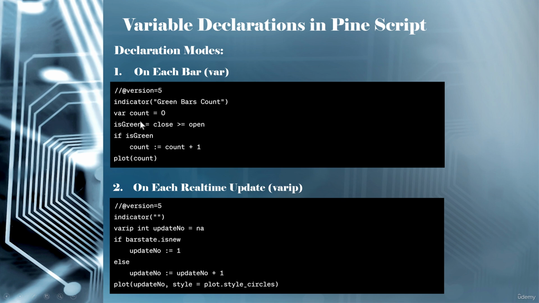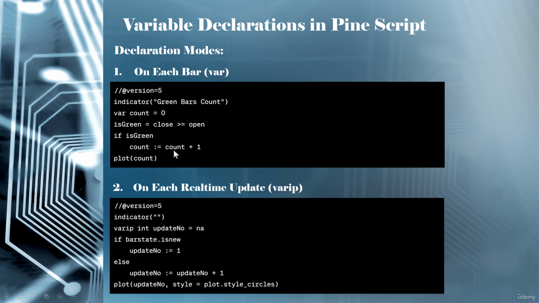So here is how it works. When in the script you have a declaration of a var variable, on the very first bar in the chart, it gets assigned the value, in this case, 0. And on the next subsequent bars, that value is kept in memory.